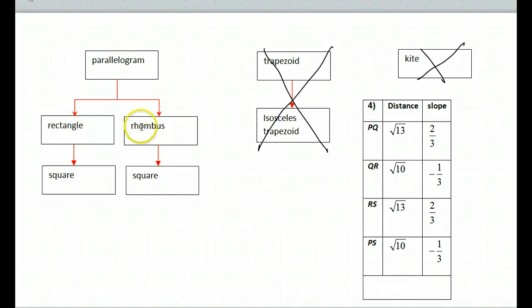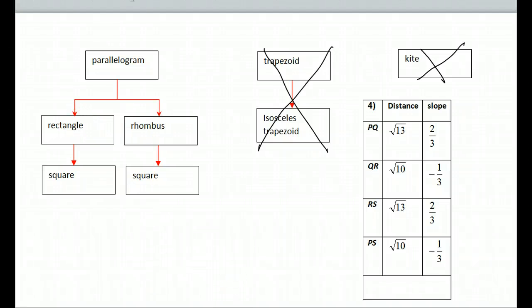Now, it didn't turn out to be either one of those two things, but if we're going to stop at parallelogram and not continue all the way down to square, we need to explain why it's not a rectangle or a rhombus. We don't have to go all the way down to square, because if it's not a rectangle or a rhombus, then there's no way it could be a square. So we have to say why it's not a rectangle, why it's not a rhombus.